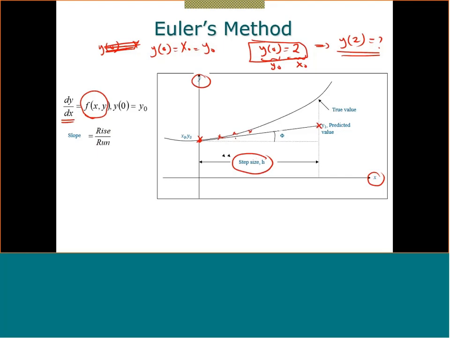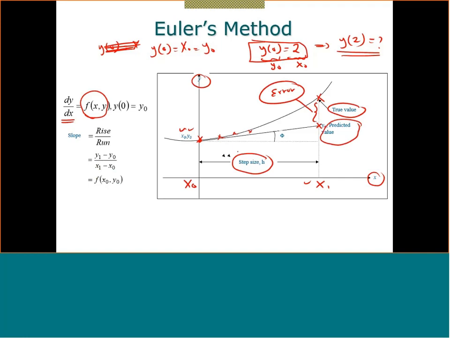Step h will take us from x0 to x1. Now I know x0, y0. I know x1 because this is something I defined initially, that I will use a step of 0.5 or 1 or 0.05, whatever step I'd like to take. So the only thing that is remaining is y1. We don't expect y1 to be the actual y1, the true value. There will be an error between what you estimate, the predicted value, and the true value. So how do we find this y1?